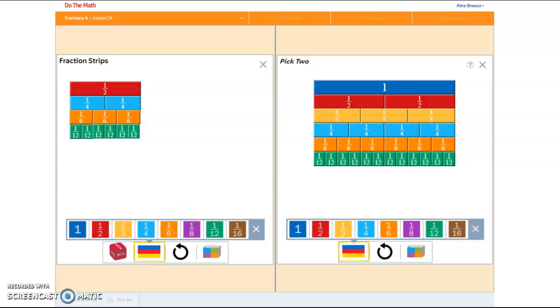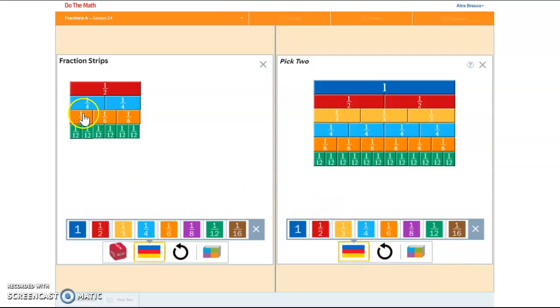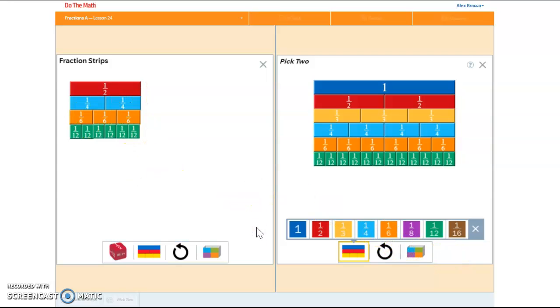We look at this and we see that 1/2 can equal 2/4 or 3/6 or how many twelfths? 6/12. There are 3 fractions right there that are equivalent to 1/2: 2/4, 3/6, and 6/12. The last one's pretty easy, and I'm going to let you do that one on your own.